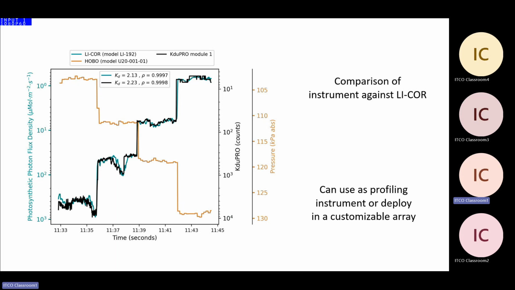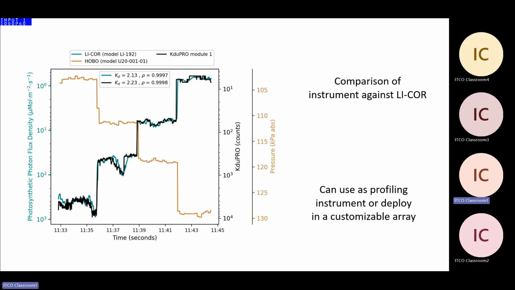Yeah. This is an example of doing that profile, where the orange trace is depth, and the other two traces are the irradiance, or photosynthetic photon flux density. So it's basically like PAR.